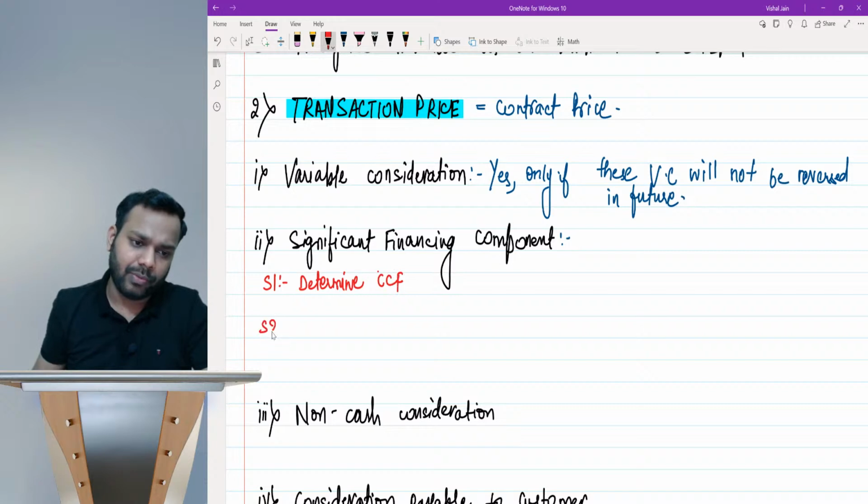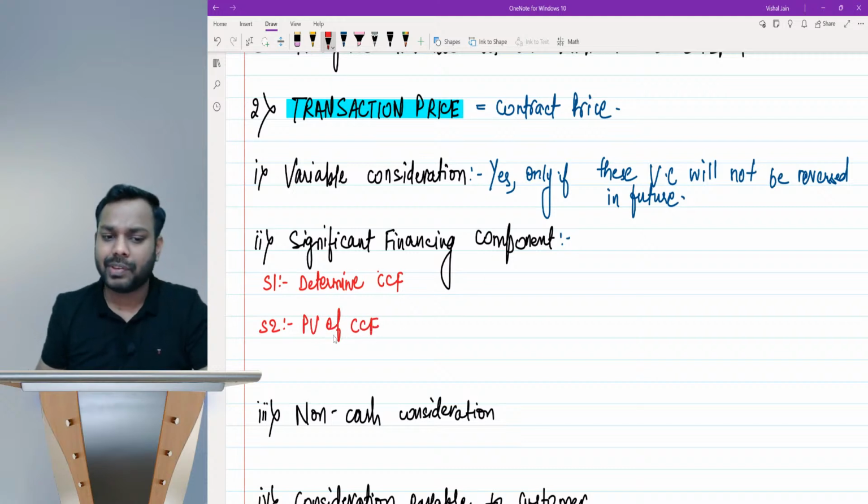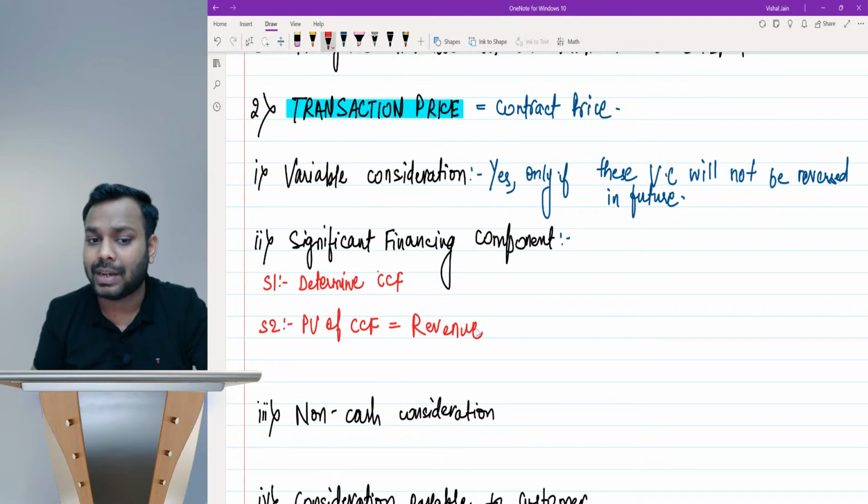Step 2: calculate the present value of contractual cash flow, and this present value is called revenue.